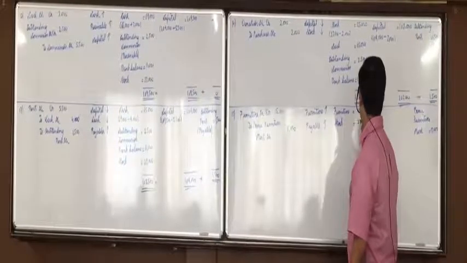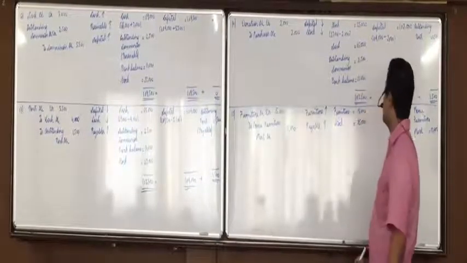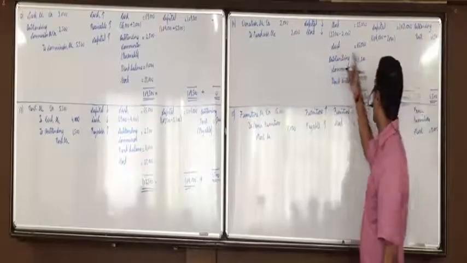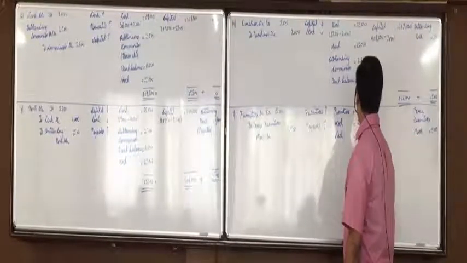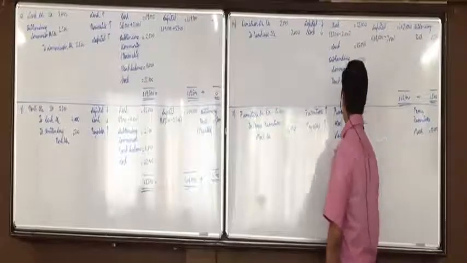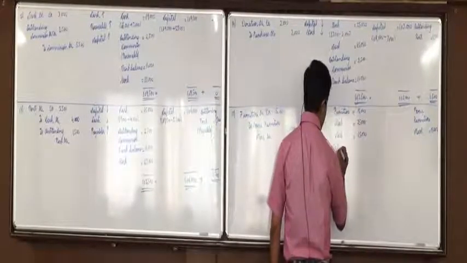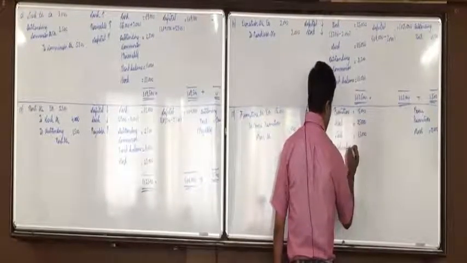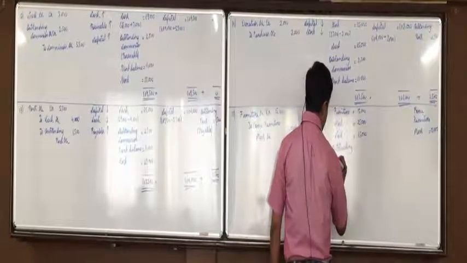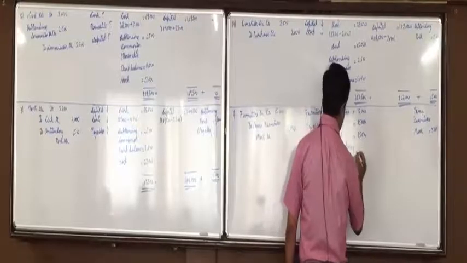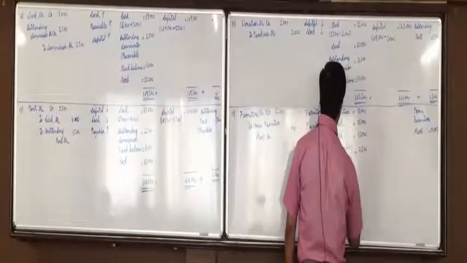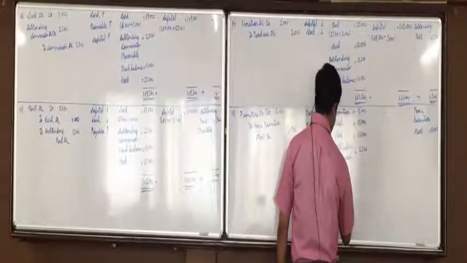Stock 25,000, cash 65,000, outstanding commission 2,500, and bank balance 11,000.